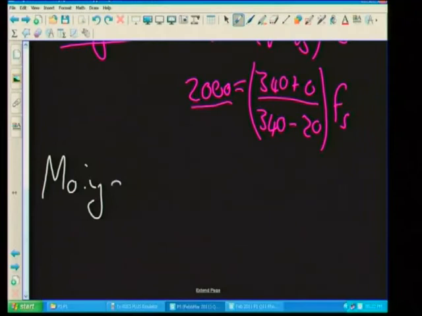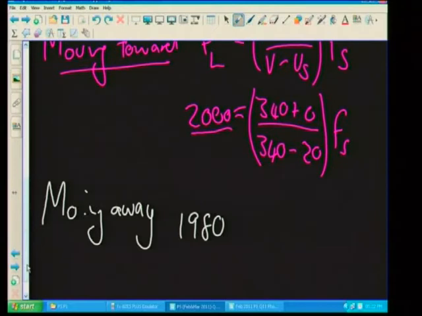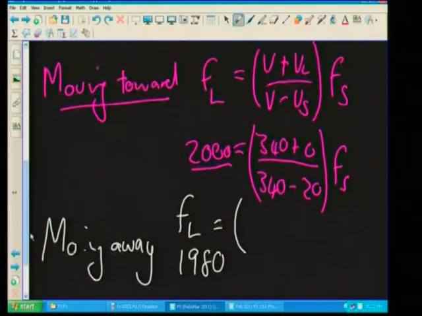But the second equation that you would set up would be when it's moving away. So let's do moving away. Put the 1980 in first. And when it's moving away, we want it to be smaller.